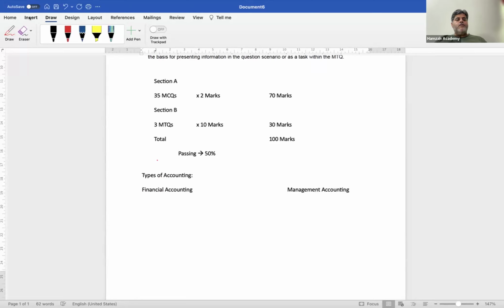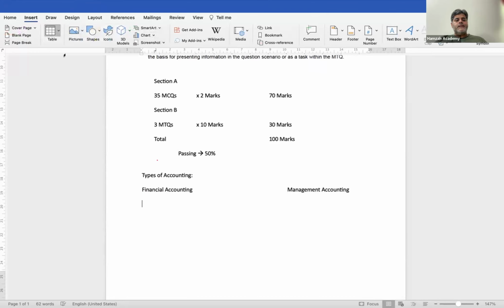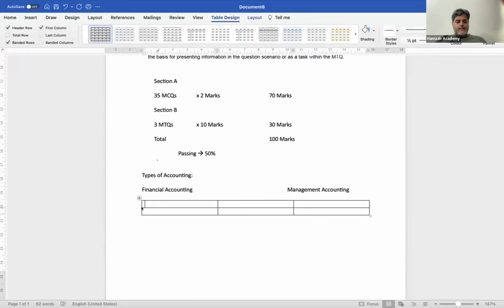This is the financial accounting, and this is the management accounting. And within the management accounting, you have one more thing called cost accounting as well.